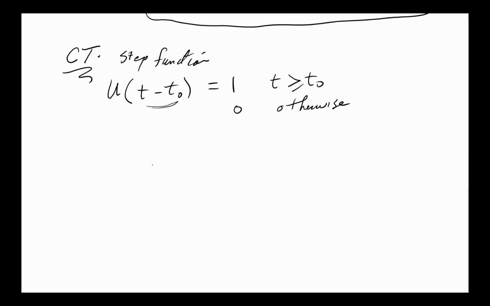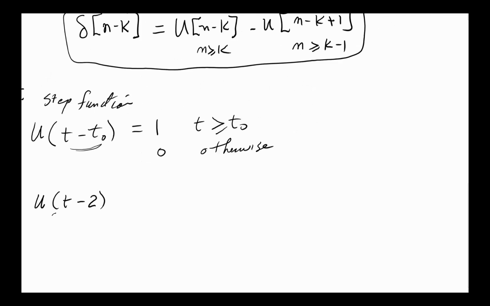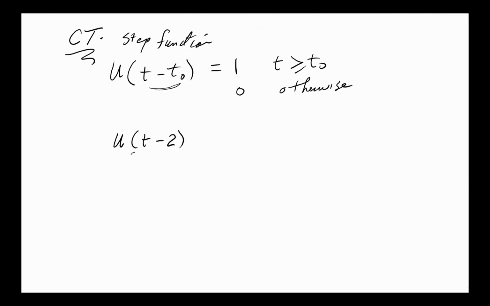So for example, when we have a function u of t minus 2, let's say, and you're asked to draw that function, you'll say, okay, I know this function is equal to 1 when what's inside this parenthesis is larger than 0, which means t has to be larger or equal to 2, and it's 0 otherwise.